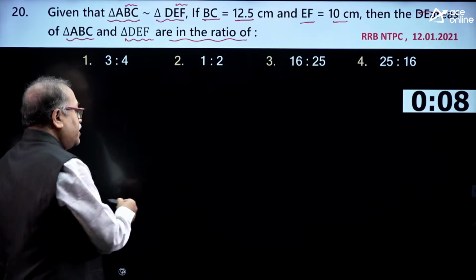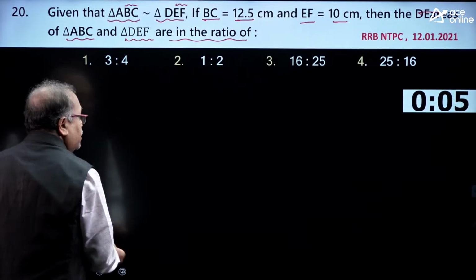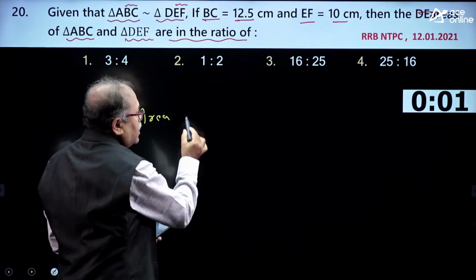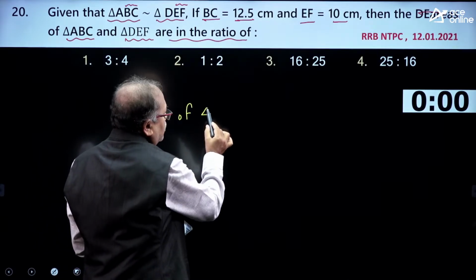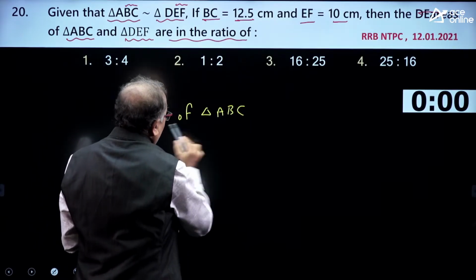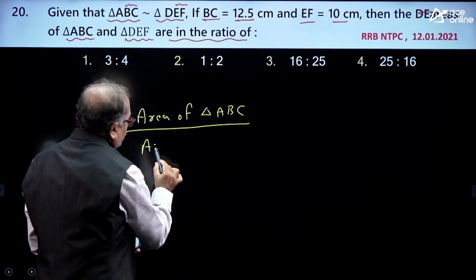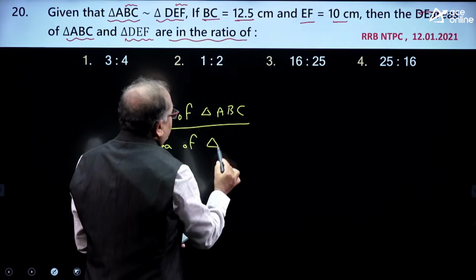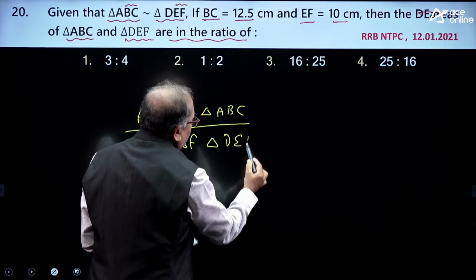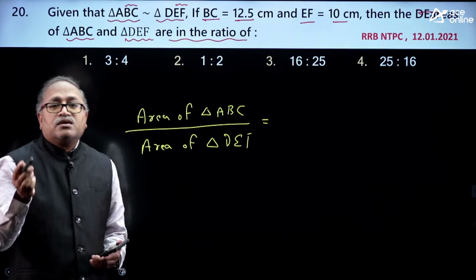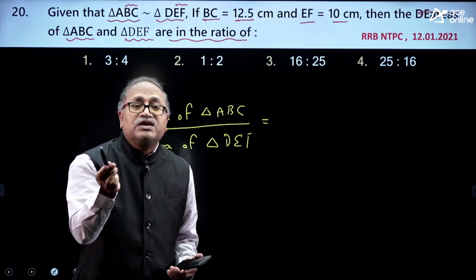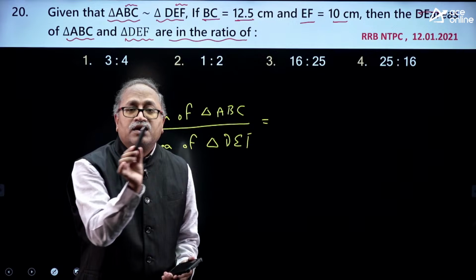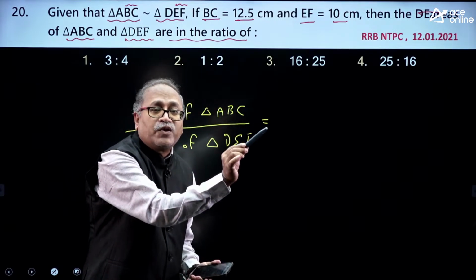Okay, let me write down this formula again. If you know this formula, you will answer the question instantly. Area of triangle ABC by the area of triangle DEF is equal to the ratio of the squares of corresponding sides.